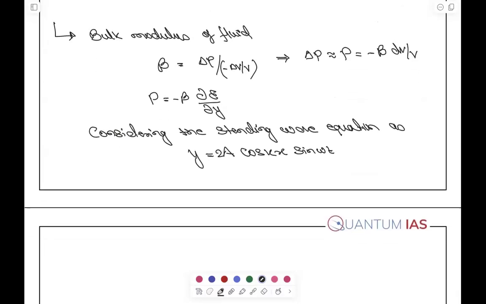What will be the pressure wave now, if this is my standing wave in the medium?